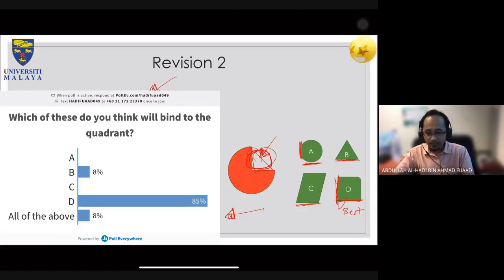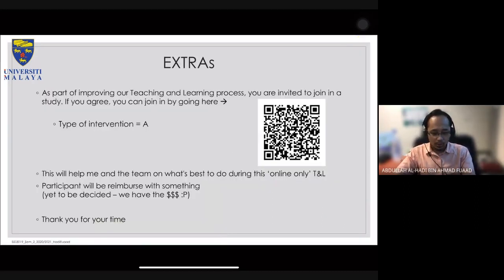All right. So this bit was not covered last week. What me and my colleagues are trying to do is improve our way of doing teaching and learning online, and not this kind of online. It's more on the asynchronous method, whereby we do a recording and then pass it to you.